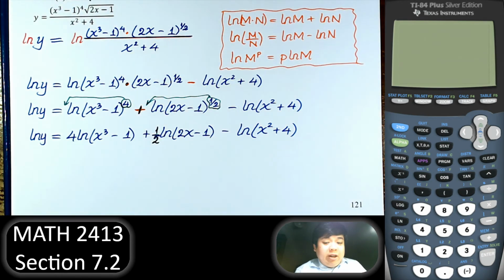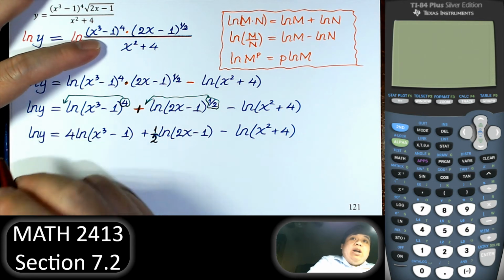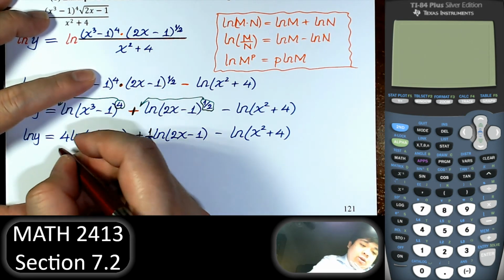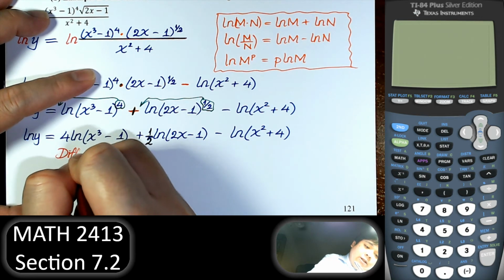Now we take the derivative on both sides. So we say differentiate with respect to x on both sides. And here we have y, so we have to use implicit differentiation.